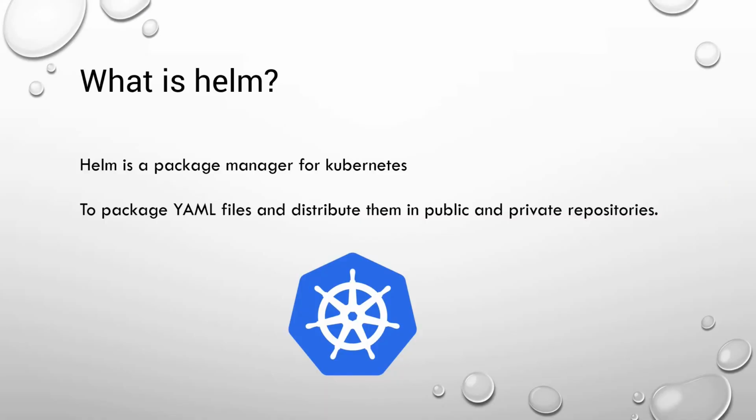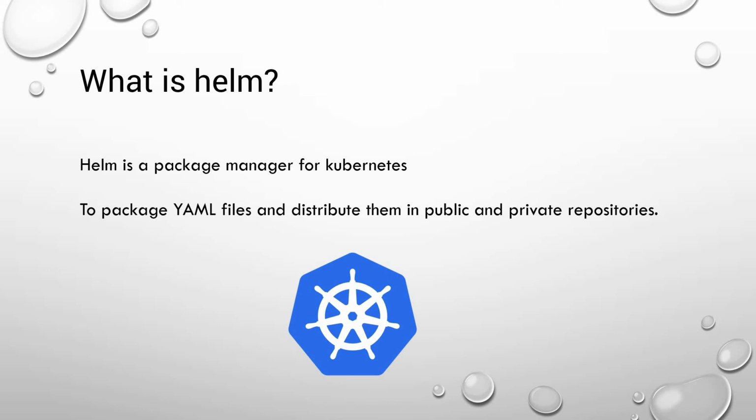What is Helm? Helm is a package manager for Kubernetes. Helm creates the package of the YAML files and distributes them in public and private repositories. If you are going to deploy a Kubernetes application, you need to use kubectl commands to manage different YAML files.